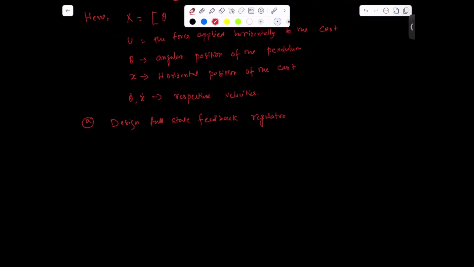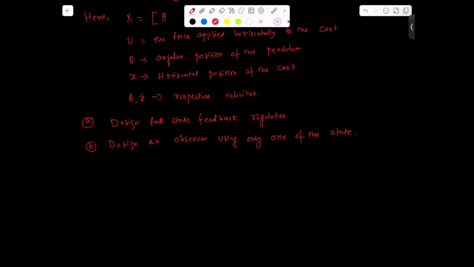And the second question is to design an observer using only one of the states.